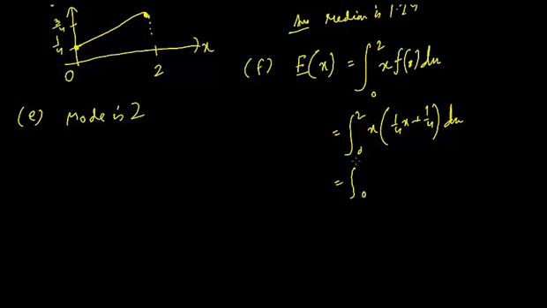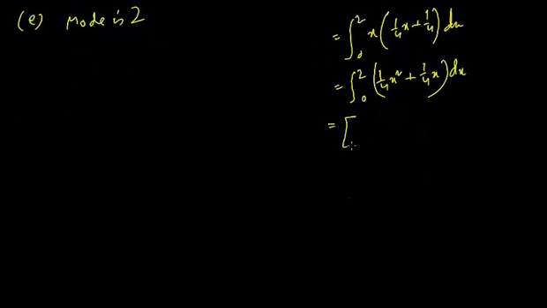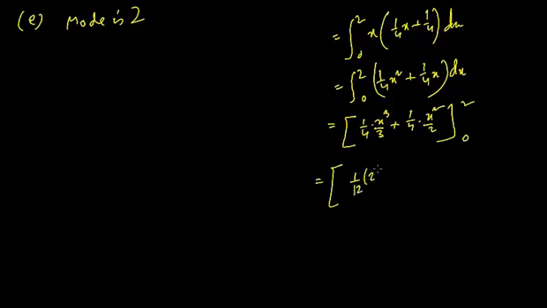If we simplify, from 0 to 2 it would be 1 by 4 x squared plus 1 by 4 x. This is basic integration: 1 by 4 is constant, x cubed by 3, plus 1 by 4 is constant, x squared by 2, limit is 0 to 2. If we put the value here, 1 by 12 2 cubed plus 1 by 8 2 squared, minus 0 plus 0.